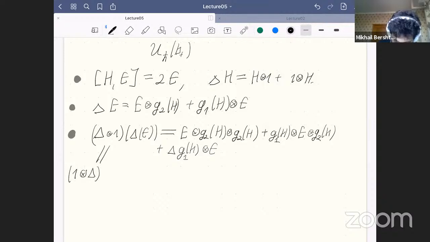Now one tensor delta applied to delta of E. So what do we get here?